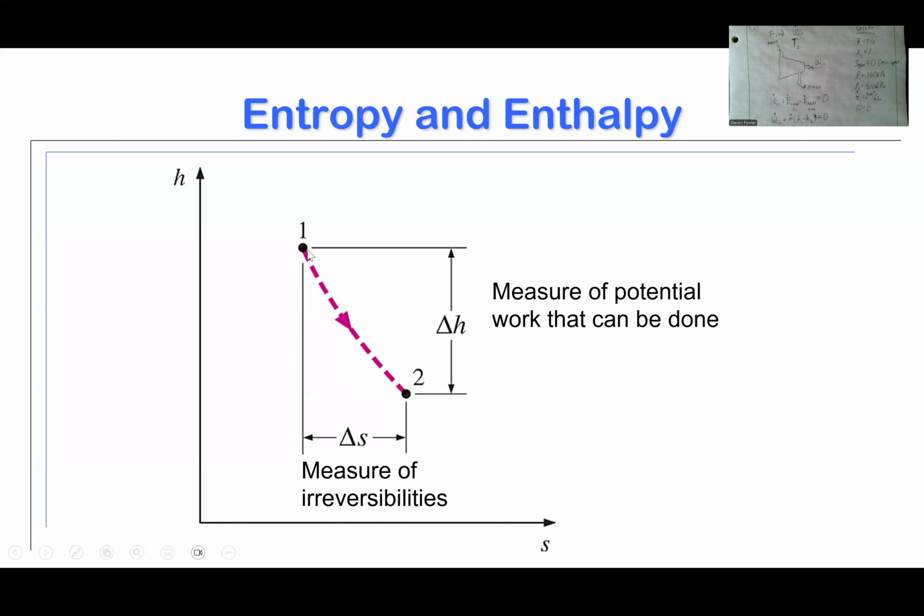It's going to have to go a longer distance, and in the case of a compressor, it would actually be going up to a higher enthalpy. This would be like for a turbine. So for a turbine, a real turbine would generate some entropy as it goes from state 1 to 2, from a higher to a lower enthalpy, to reach the same exit pressure.